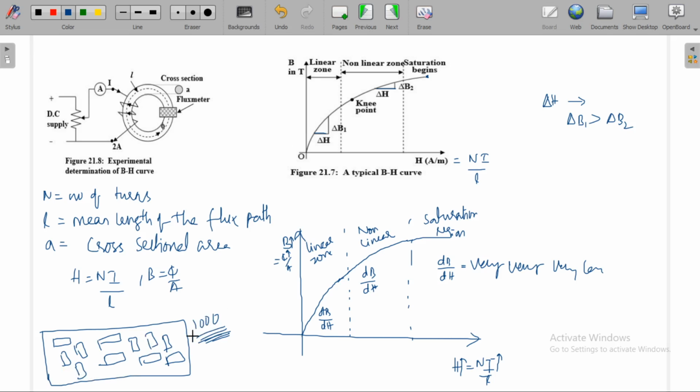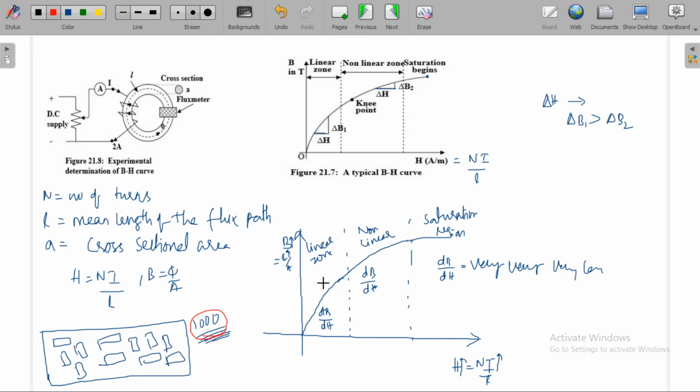Initially, at the start, almost all 1,000 domains are present for alignment, randomly distributed.